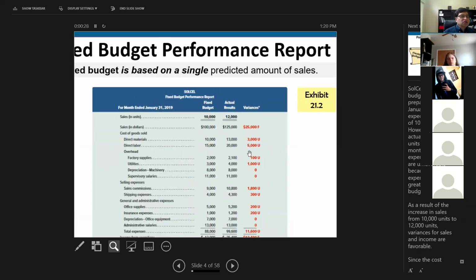Suppose you are using a fixed budget and you compare it to the actual results. If your actual sales are more than your budgeted sales, you've got a favorable variance. If your cost is more than your budgeted cost, this is an unfavorable variance and so on.